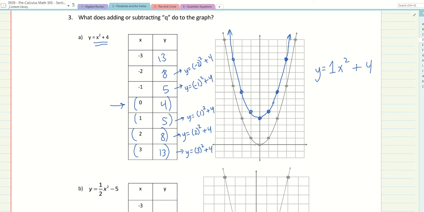So you can think about this as taking that vertex there. If I know that the vertex is going to get lifted 4, I know my new vertex is going to be right there, 4 units up. And if I know the parabola isn't stretched at all, from that new location I can go 1 over, 1 up, 2 over, 4 up, 3 over, 9 up.